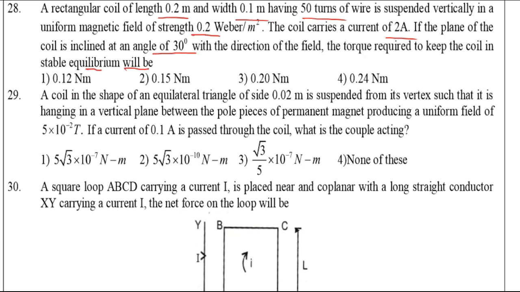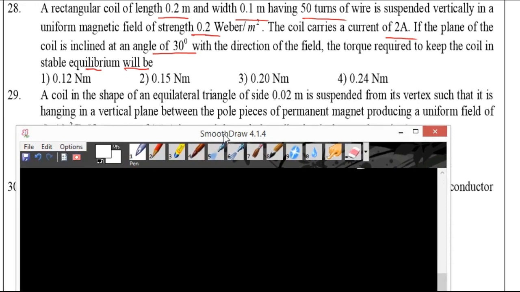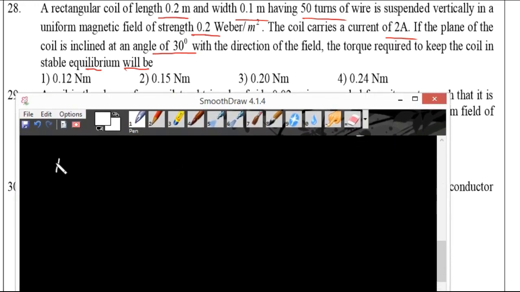Now let's calculate what is the torque acting on it. The torque acting on it is equal to M cross B, which is equal to MB sin theta. M is I into A. If you have N turns, then NIAB sin theta.